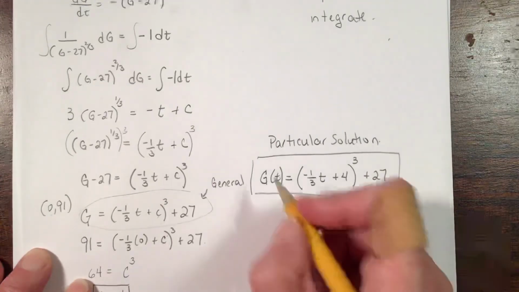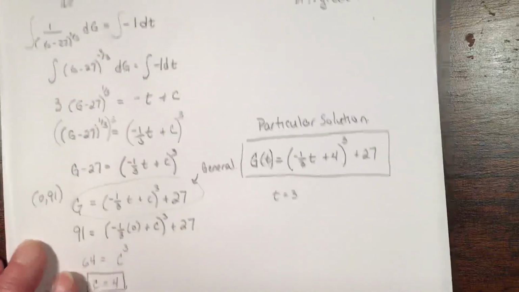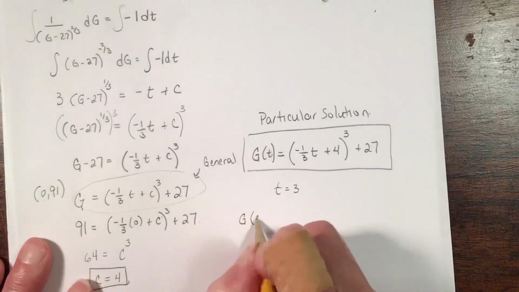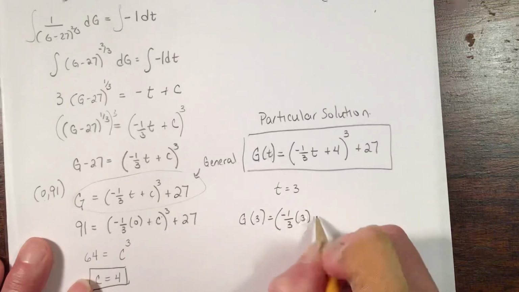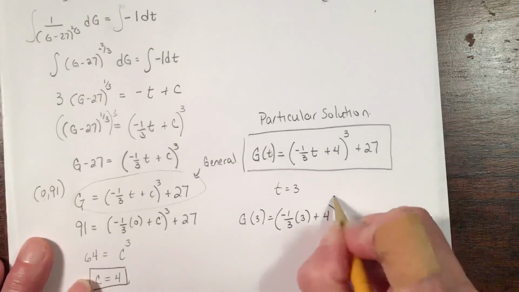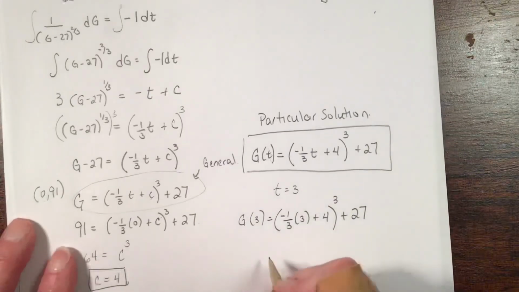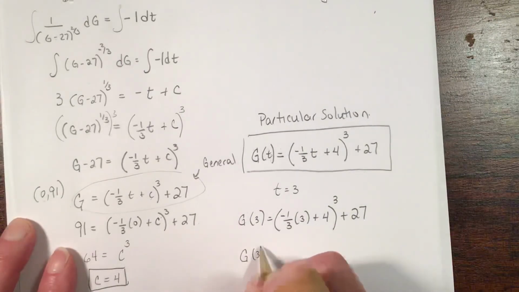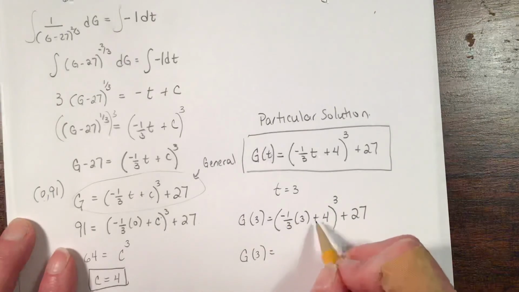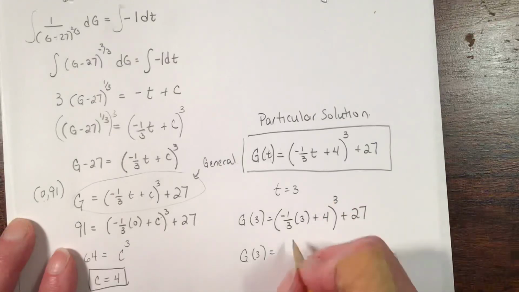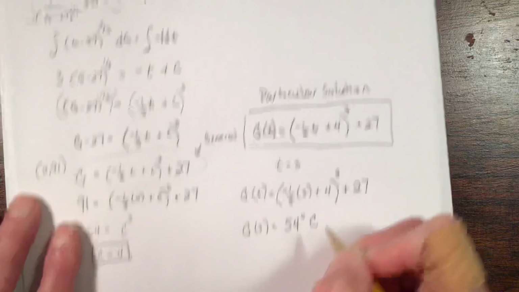Now we want to find the internal temperature when t equals 3. So we're going to plug 3 in. And really here you could do this math pretty much in your head. G of 3 is going to be negative 1, negative 1 plus 4 is 3, 3 cubed is 27, so we get 54 degrees Celsius.